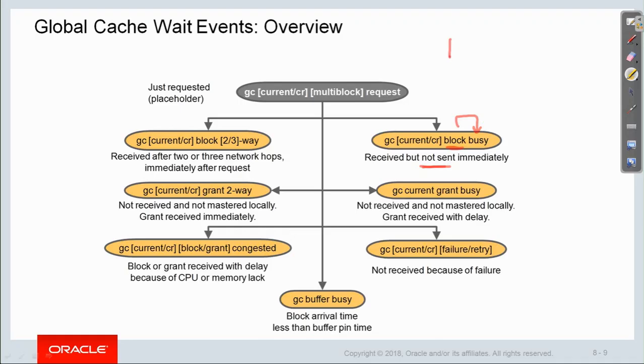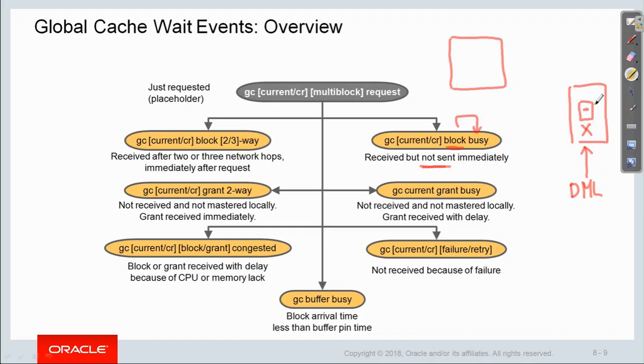Think about that. I have instance 1. I have an instance 2. Okay? And I had one session connected to the second instance. And then this session worked on this block with exclusive current buffer state, meaning that this session requested this block for DML and then modified this block.